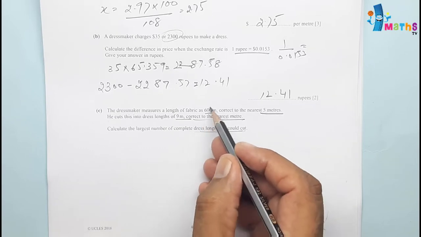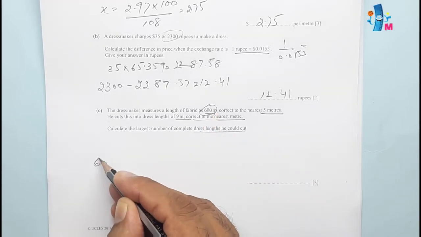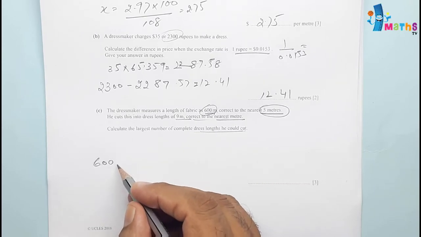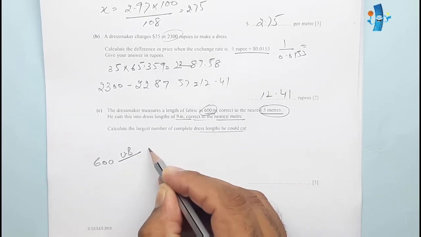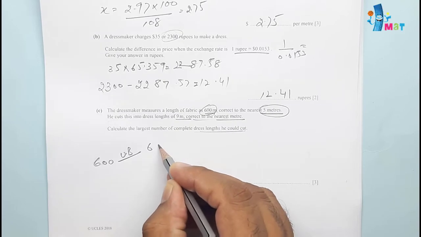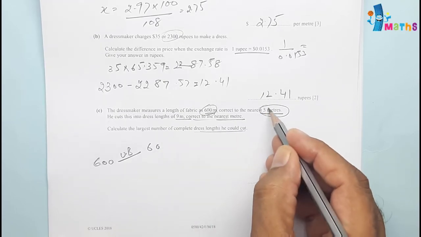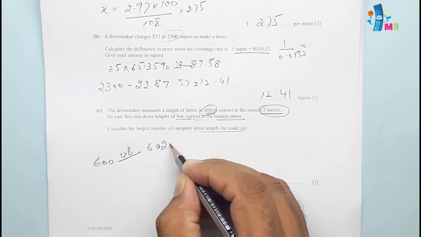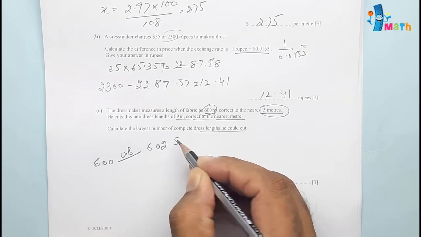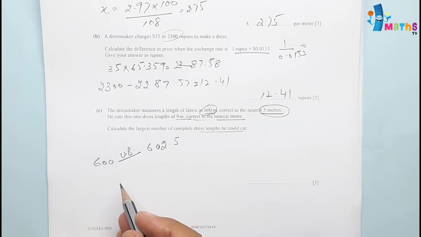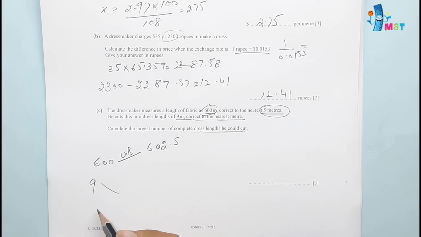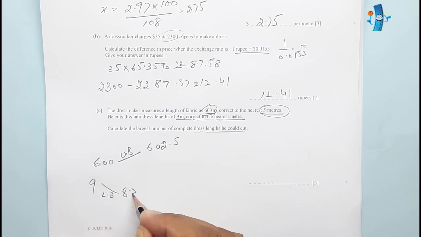So 600 is a rounded value. 600 is rounded to 5 meters. So for the upper bound, half of 5, which is 2.5, we will be adding and subtracting. So 602.5 will be the upper bound, and similarly for 9 meters we'll be calculating the lower bound, which will be 8.5.